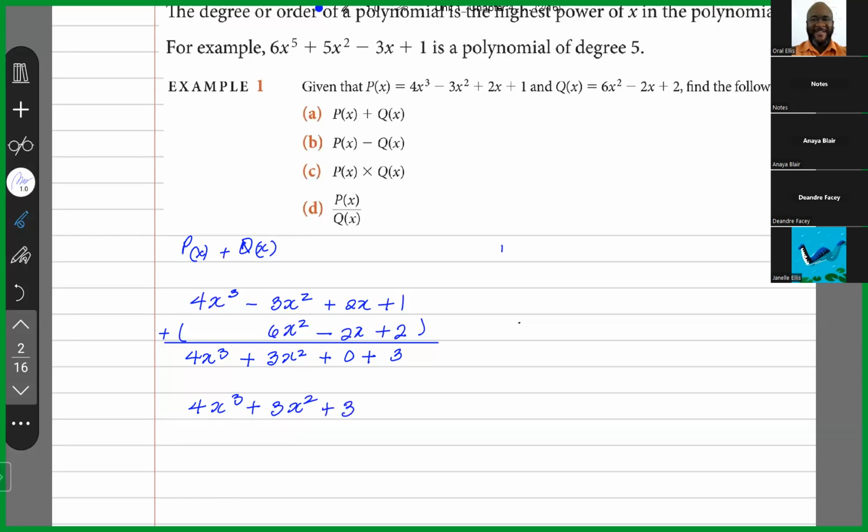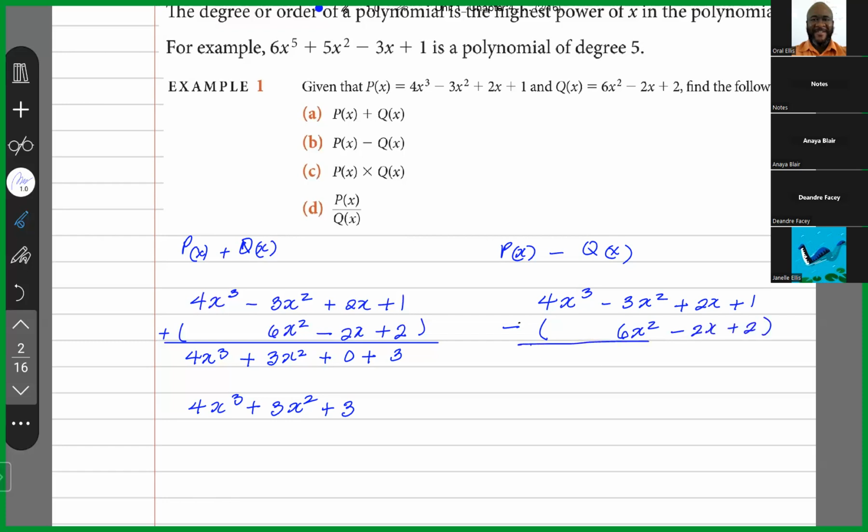All right, so let's do p of x minus q of x. In a similar way, 4x cubed minus 3x squared plus 2x plus 1 minus 6x squared minus 2x plus 2.